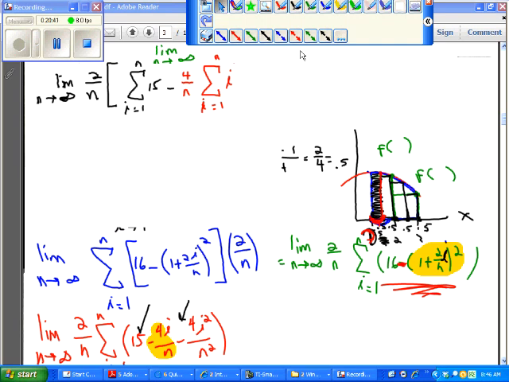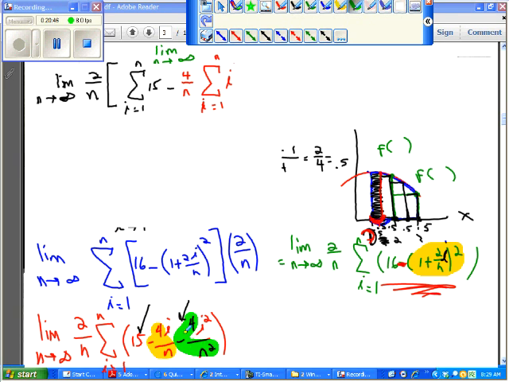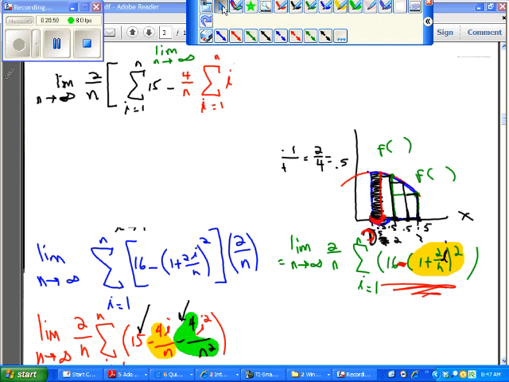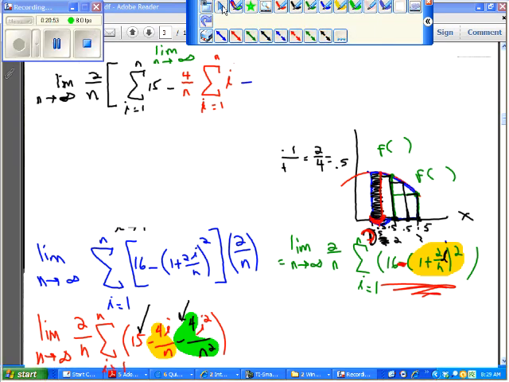And then we have on the next portion minus 4 over n squared that we want to pull off so we can isolate the i squared. So we're going to have minus 4 over n squared times the summation as i runs from 1 to n of i squared. Okay, so that's where we're at.